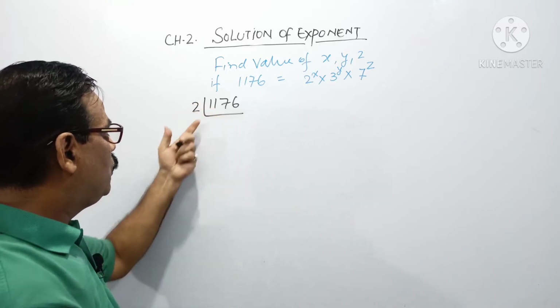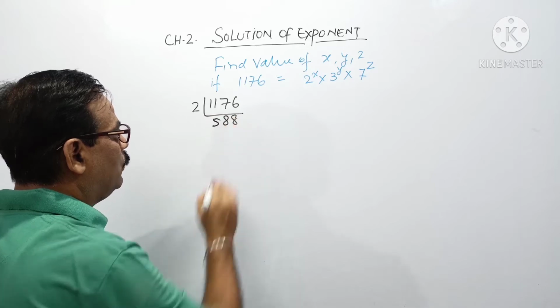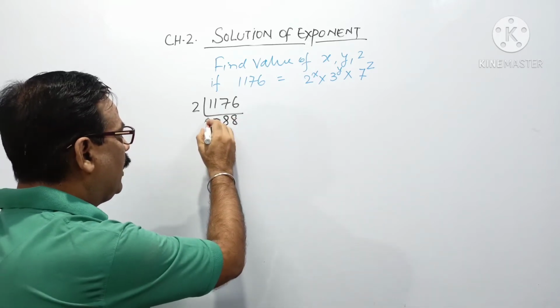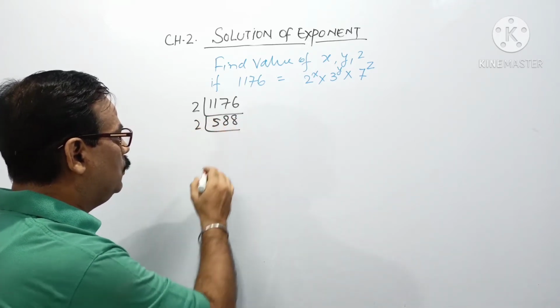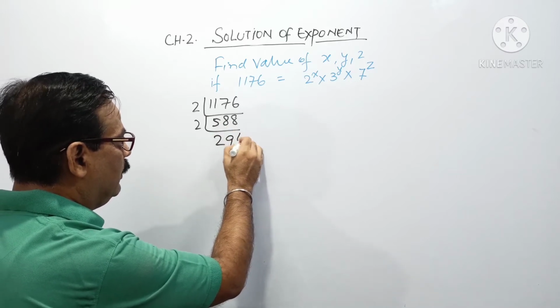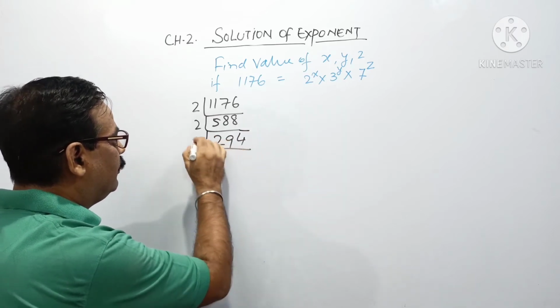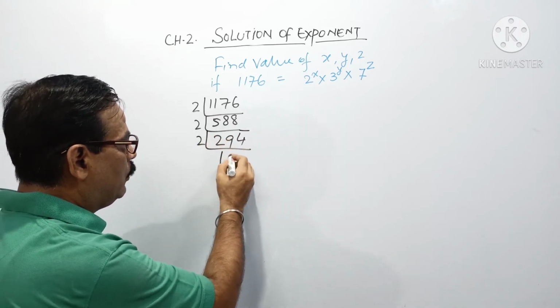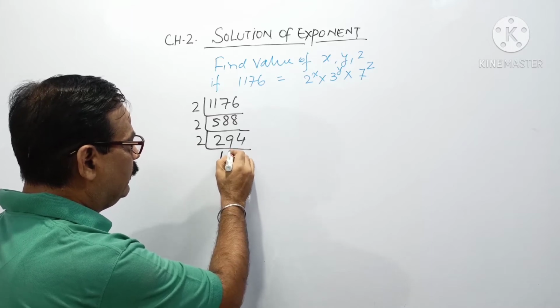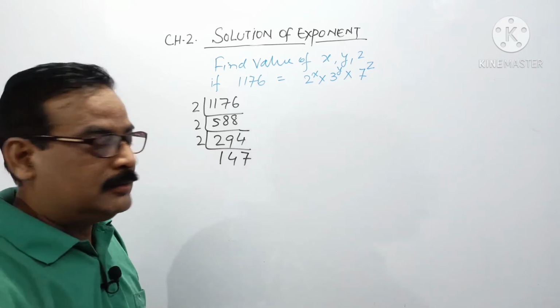So we start from 2, so 2 5s are 10, 2 8s are 16. Once again we take 2, 2 2s are 4, 2 9s are 18 and 2 4s are 8. We can again take 2, and 2 1s are 2, 2 4s are 8 and 2 7s are 14.